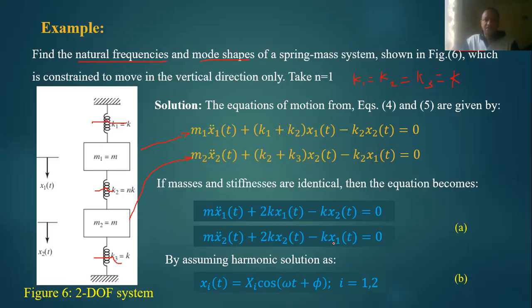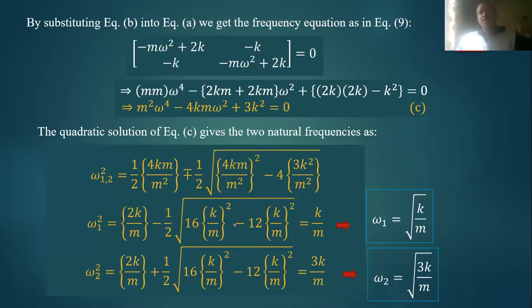Here minus k means simply k. We substitute these values and then we assume a harmonic solution of this type. We differentiate this two times and then substitute in the x place. So finally, from that, we can find this equation. The determinant of this equation is equal to 0, which gives us the characteristic frequency equation.